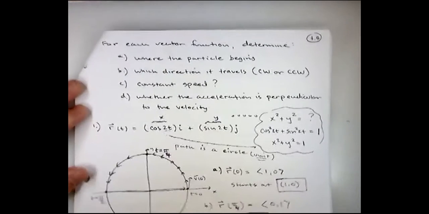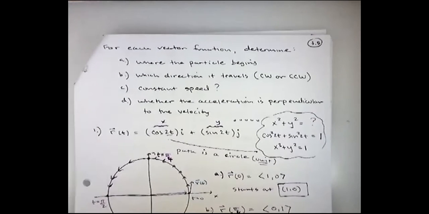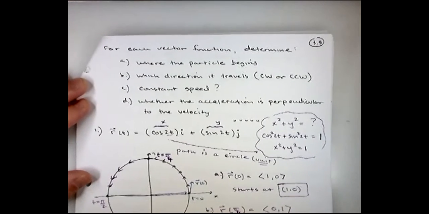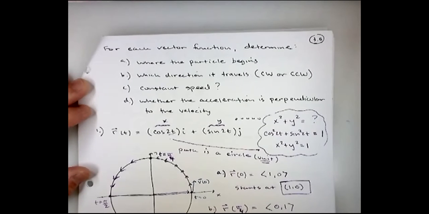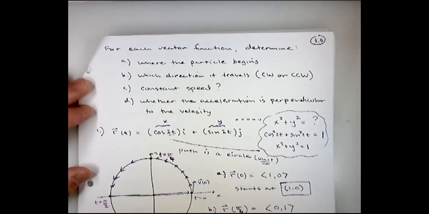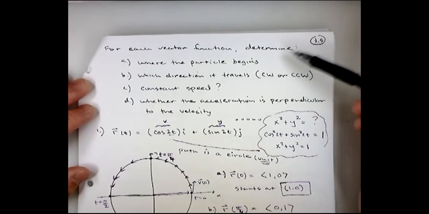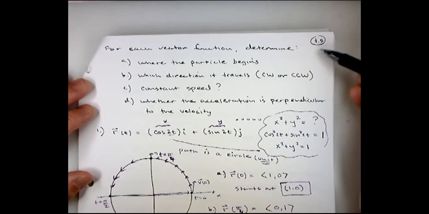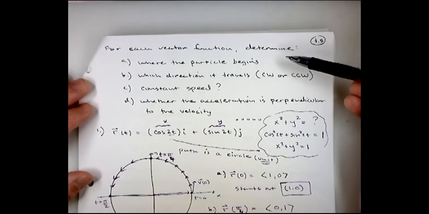Now, a series of problems here that are very common in terms of vector valued functions that you'll see have to do with circles. You recall from chapter 11 in 21b, if you got that far when you studied parametric equations, there are lots of ways to parameterize a circle.